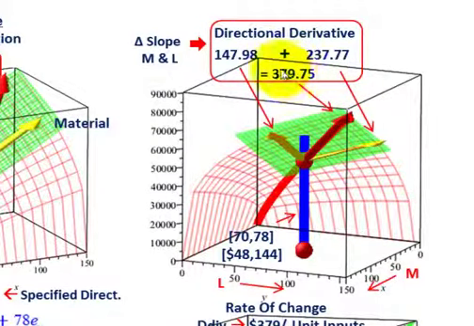It's not a vector, it's just the amount of increase that we're looking at, in the direction, at that point: 379.75. So that's the change of our slope in material and labor, and that's what we talk about with the directional derivative. It's really a scalar amount, a quantity in a targeted direction.